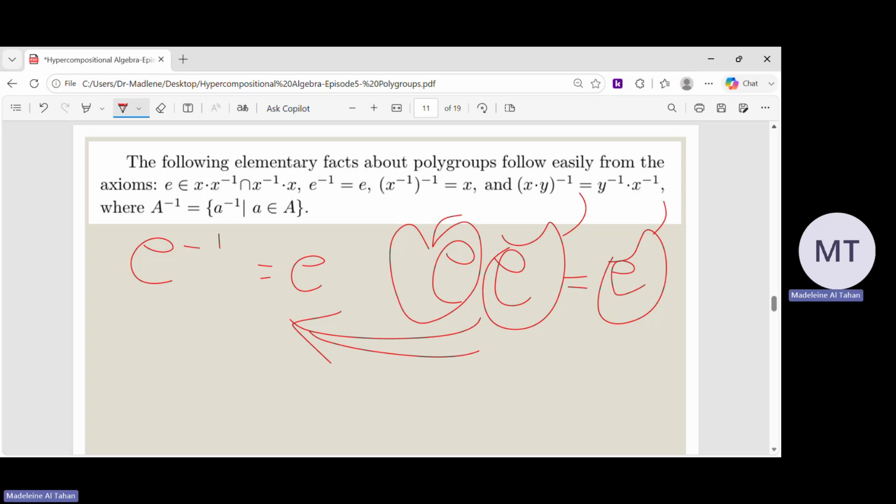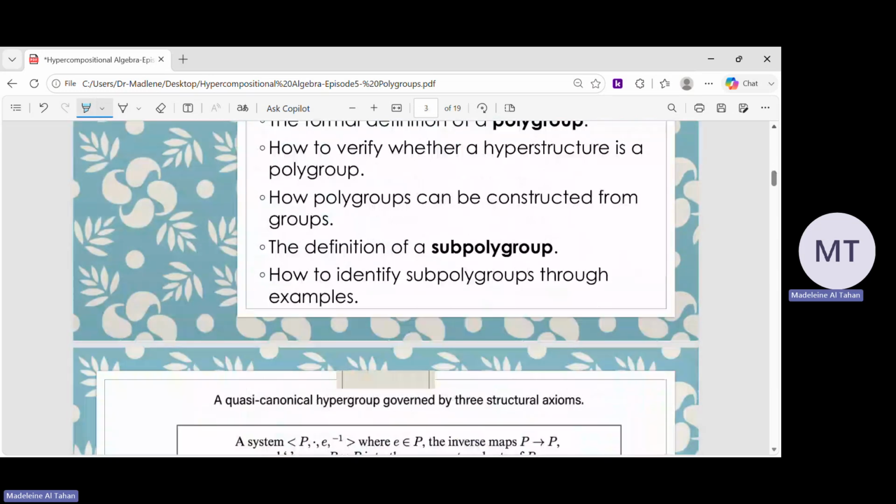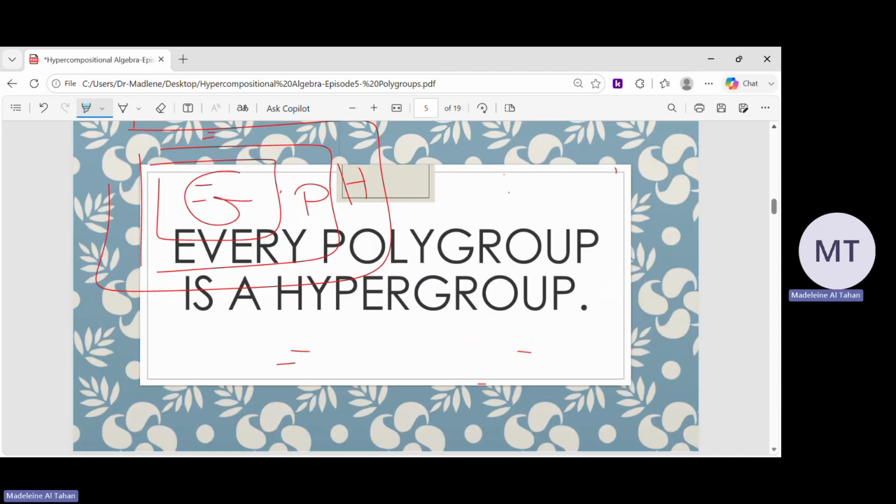Also, we need to show that E belongs to X inverse intersection X inverse times X. In order to show this, we will go back together to the reversibility property: X belongs to YZ.